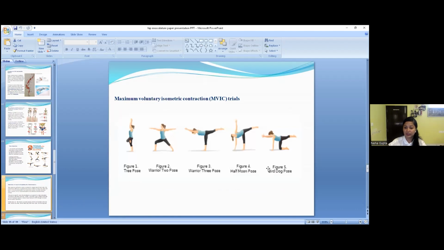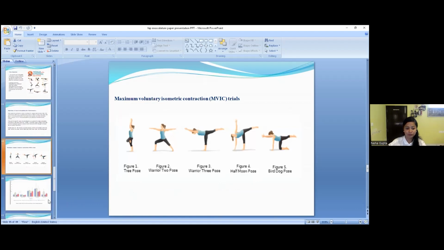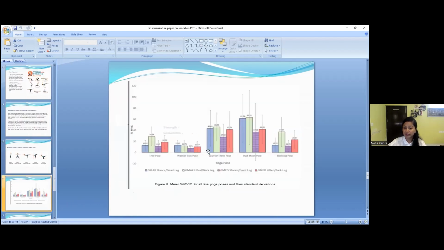These are the 5 asanas where we tested our participants, and with the test, we found that warrior 3 pose and half moon pose helped us the most.